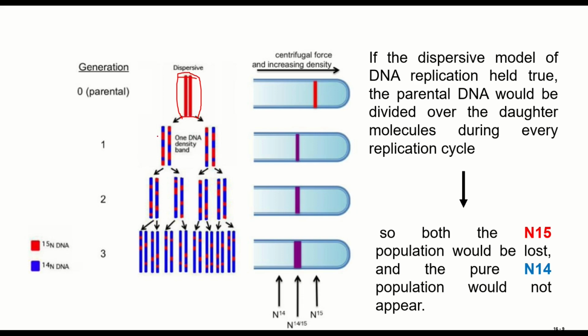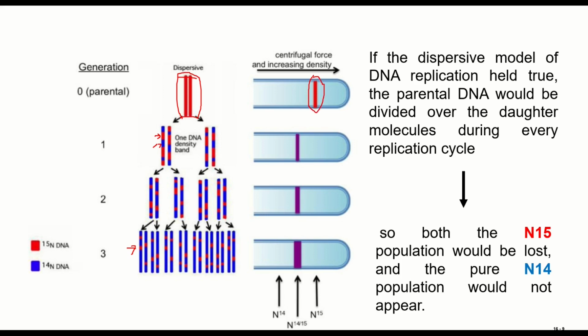You start mixing both the heavy one as well as the lighter one. In one strand, you will have both. So as you continue generation through generation, you are just going to find a mix of pieces of the N14 and N15.